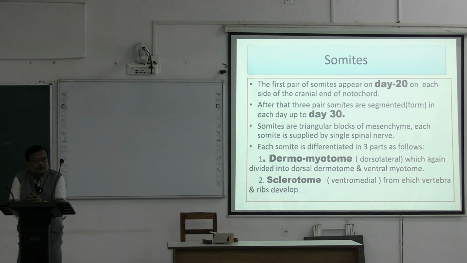Cranial neuropore closes at the 25 somite stage. What does it mean? If we say the cranial neuropore closes at the 25 somite stage, what is the age of the embryo then?